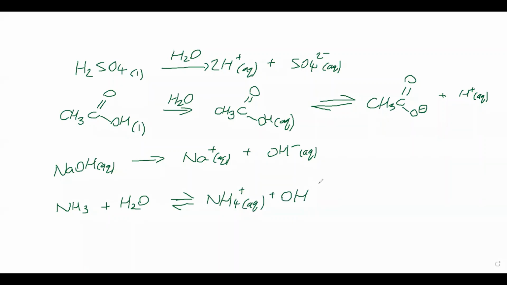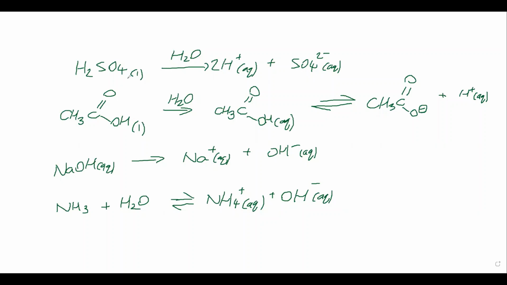And because this doesn't happen fully, we don't get 100% of the ammonia going on to form OH- ions like we do with the sodium hydroxide. Instead, we're left with a mixture of the OH- and the ammonia itself.